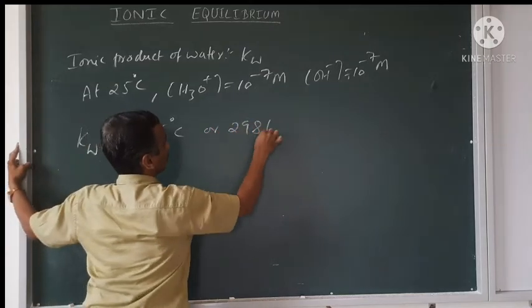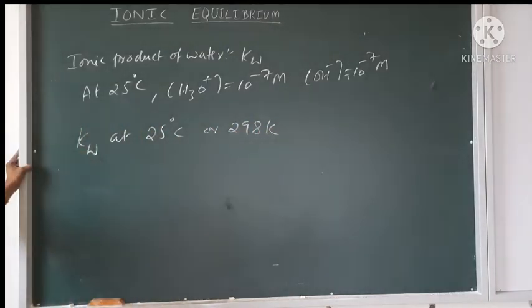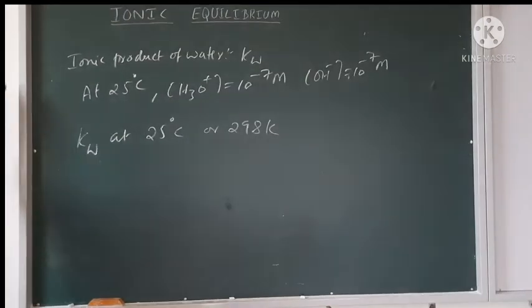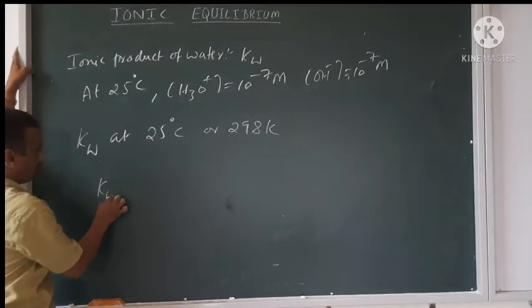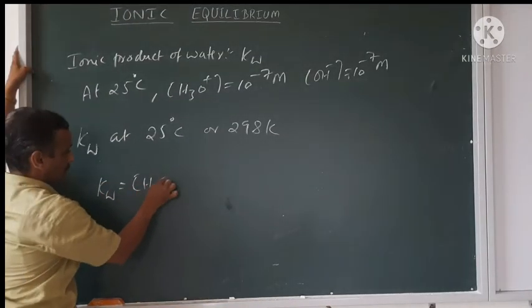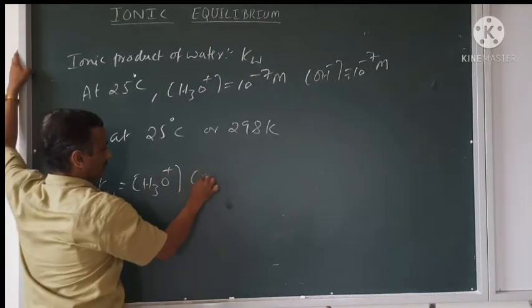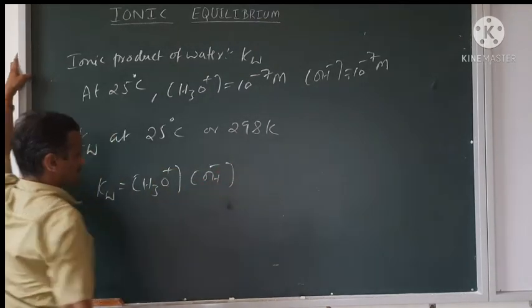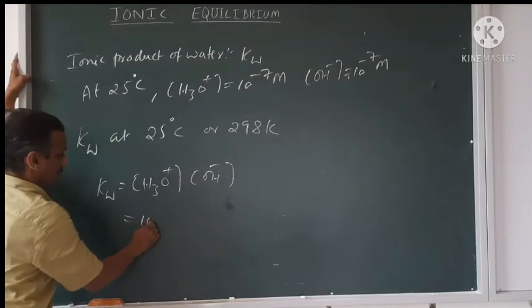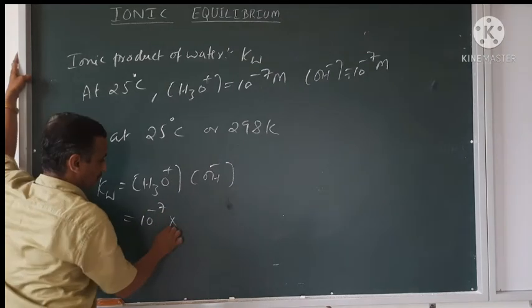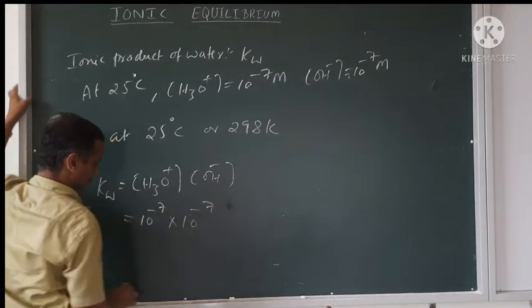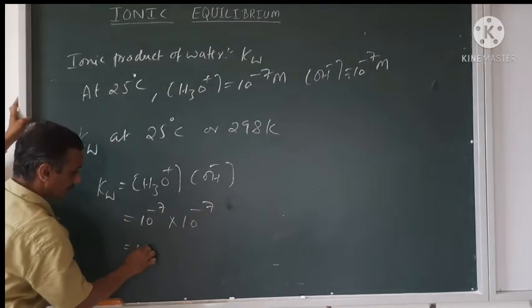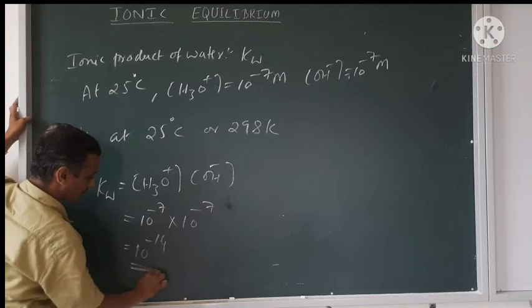Tell me. A question can be asked in the competitive exam. So Kw is equal to H3O plus concentration into OH minus concentration. It is 10 to the power minus 7 into 10 to the power minus 7, which is equal to 10 to the power minus 14.